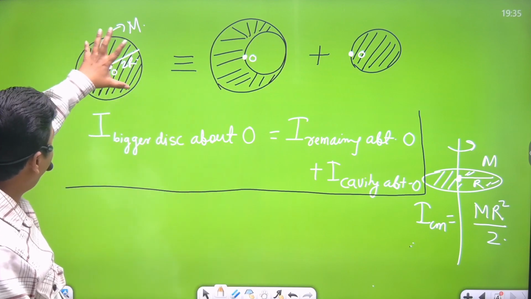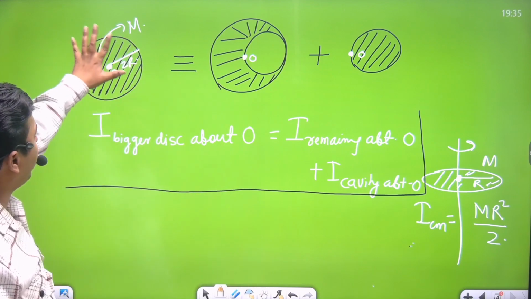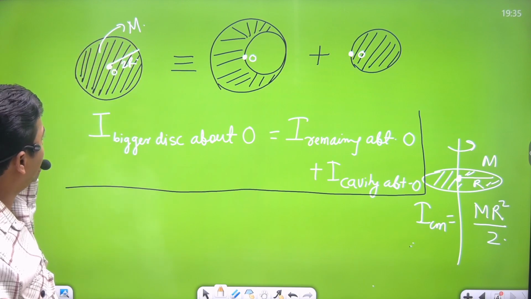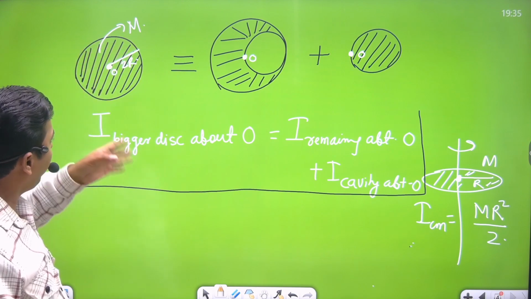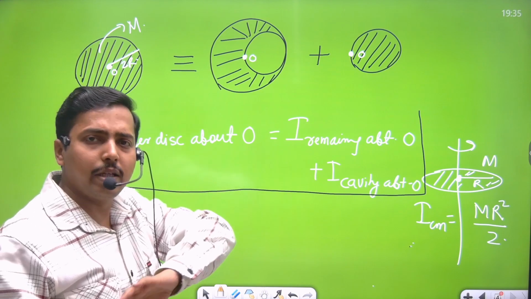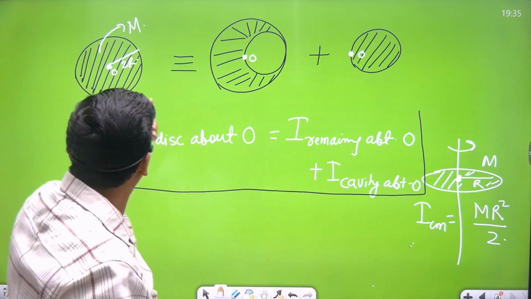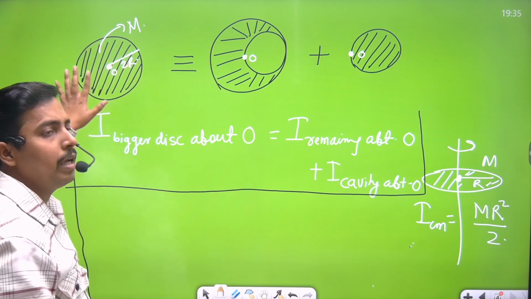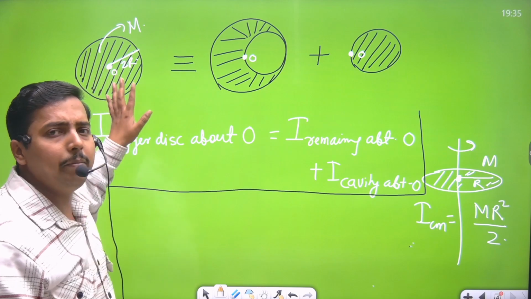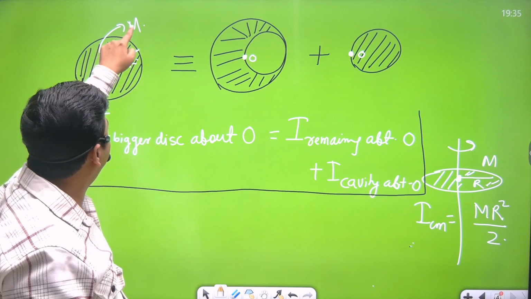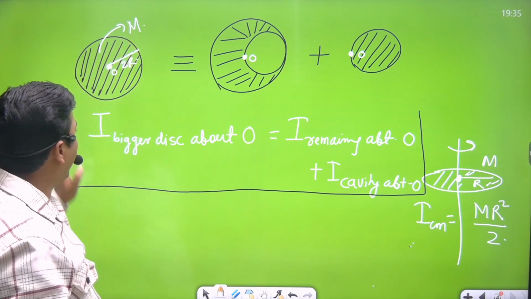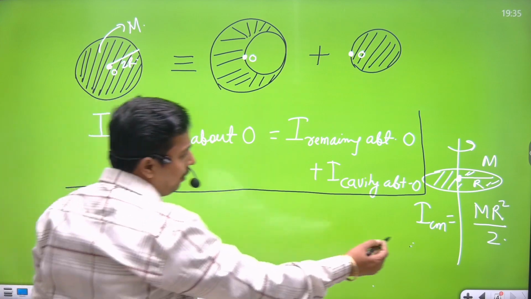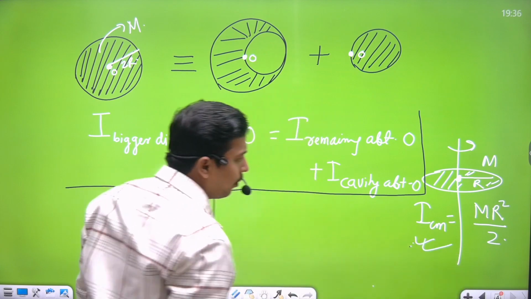So before drilling, or before carving, you had this complete bigger disk of mass M, radius 2r. So I of bigger disk about O can be found using this very formula.